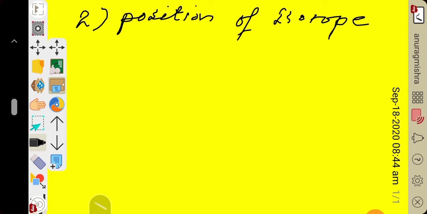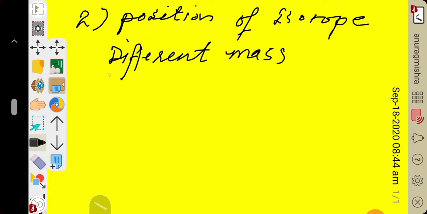I told you isotopes have different masses. Due to the different masses, their positions should be separate in the periodic table, but it was not like that. Isotopes were not given any separate position.